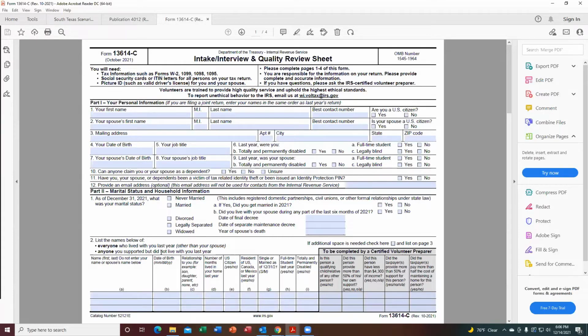They don't need to live with you as long as you can show that you provided for their support. And so again, those are usually the exceptions as far as did not live with you the entire year or any part of the year. And again, this is the gray area that was stated earlier that needs to be completed by the volunteer.